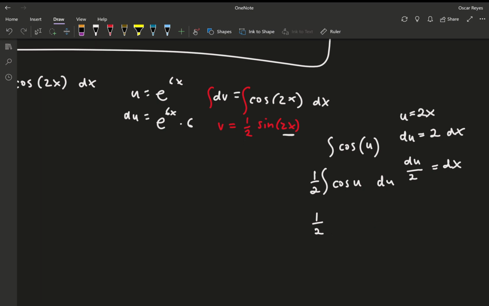Sine gives you cosine, so that's going to give us sine of u plus some type of constant, which doesn't really matter at this moment in time. Then we have 1/2 sine, and we plug that back in, and we have 2x plus some type of constant.